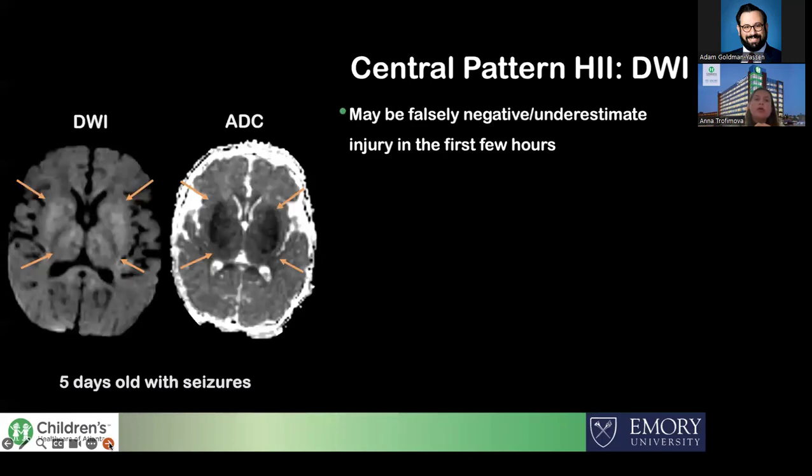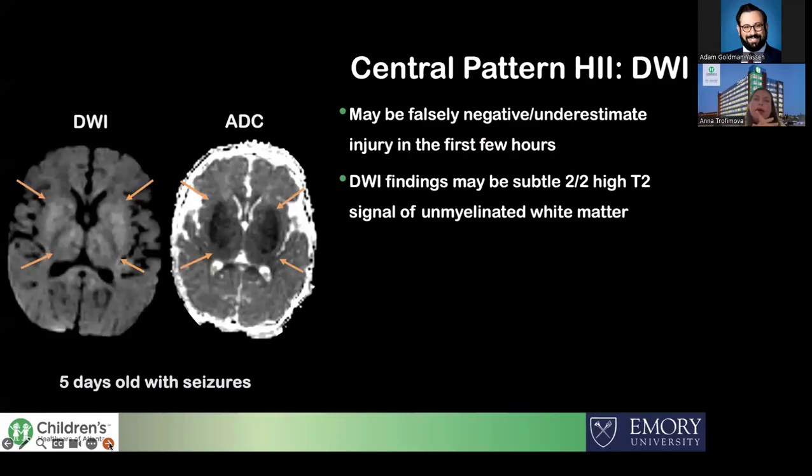First of all, DWI, of course, plays an important role in assessment of the central pattern of hypoxic ischemic injury. It's important to keep in mind that DWI may be falsely negative, or it may underestimate injury within the first few hours.